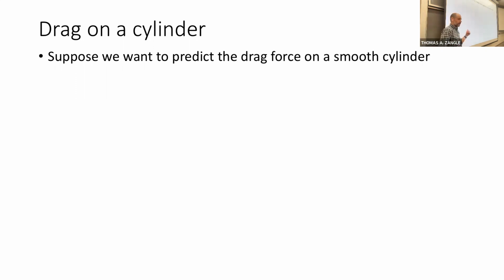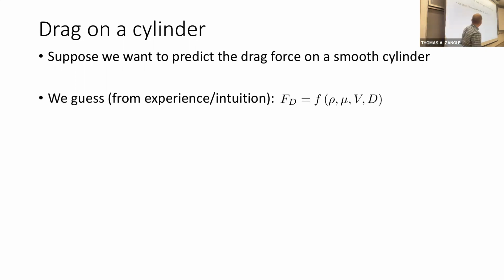We're going to talk about how to use this result in chapter 7. But let's just say we want to generally characterize the flow around some kind of cylinder. So in this case, we're going to guess, again, from experience and intuition, or given things on a problem statement, that the drag force is a function of density, viscosity, velocity, and diameter.